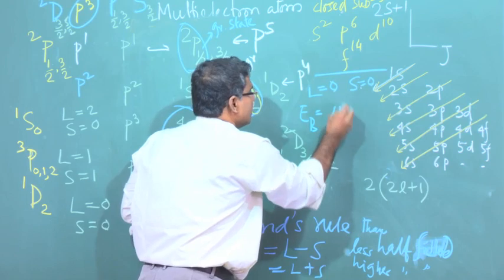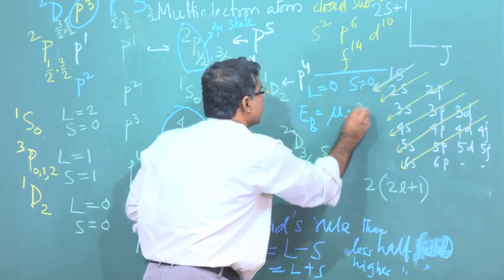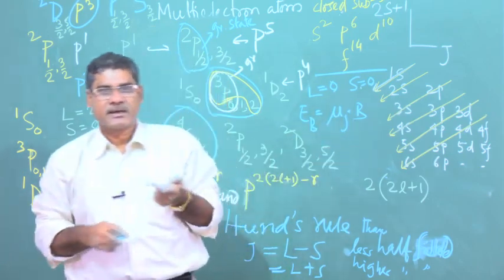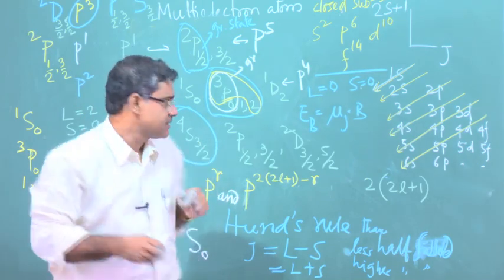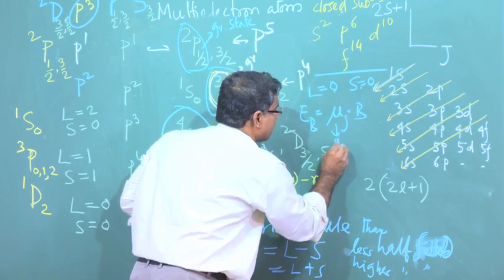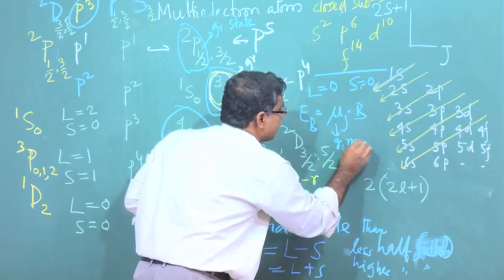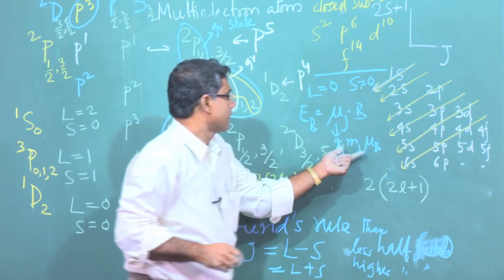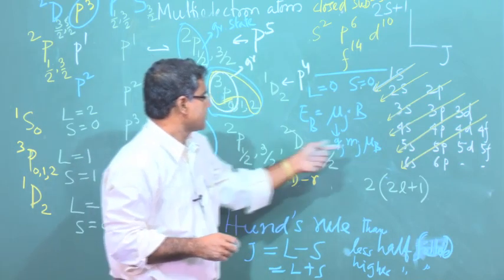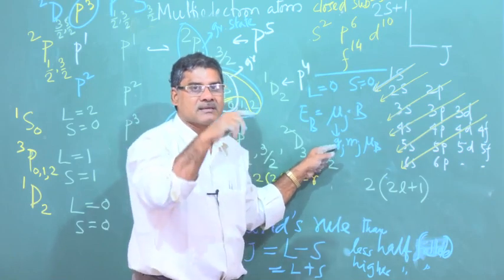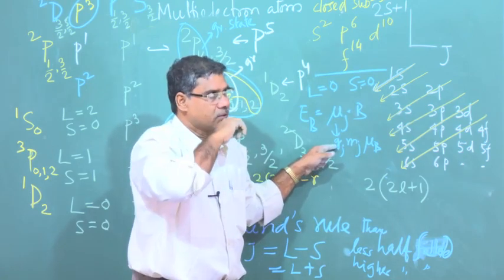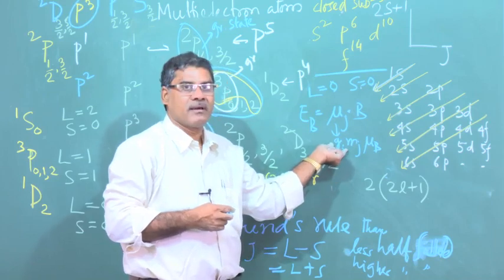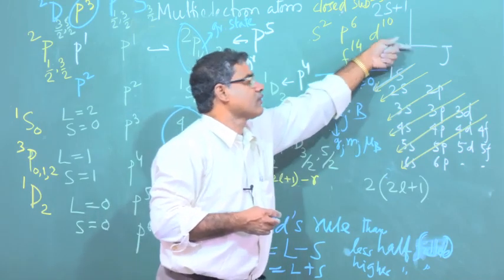E equal to mu_J dot B, right. What is mu_J? mu_J will be g_J m_J mu_B. And g_J, you know, is 1 plus [J(J+1) + L(L+1) - S(S+1)] divided by 2J(J+1), or similar. So, g_J one can find out, and m_J you know, everything you know if you know the spectroscopic term.